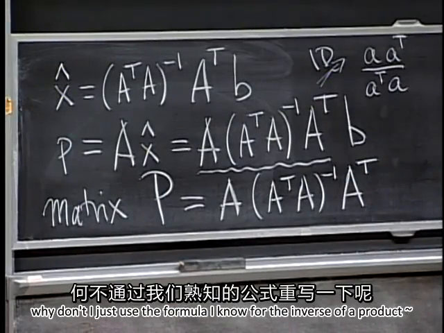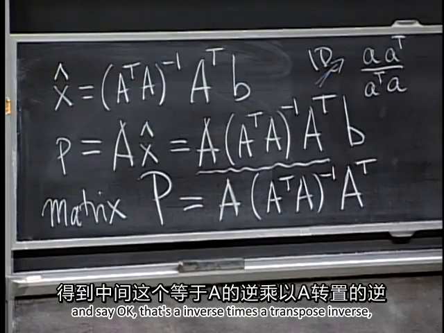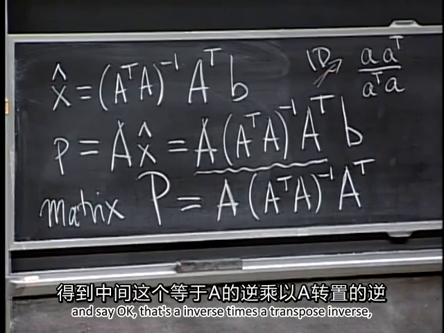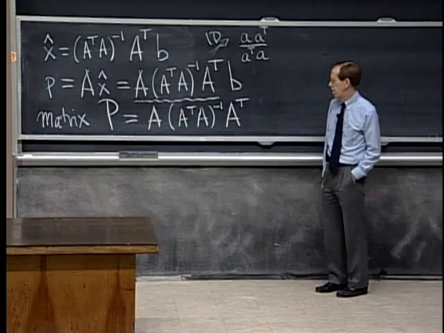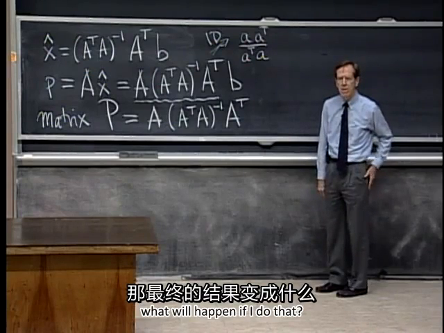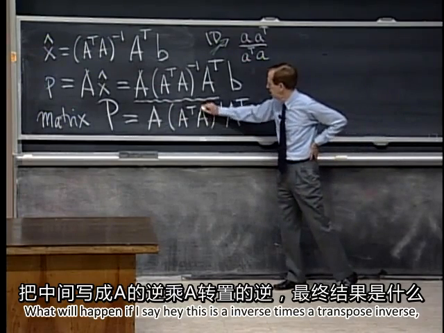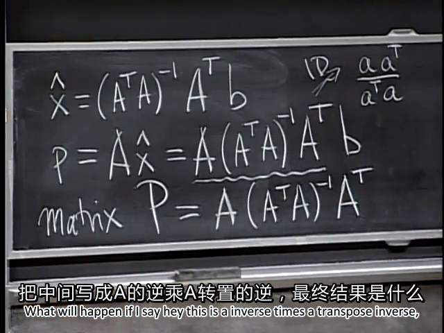Why don't I just use the formula I know for the inverse of a product and say that's A inverse times A transpose inverse? What will happen if I do that?